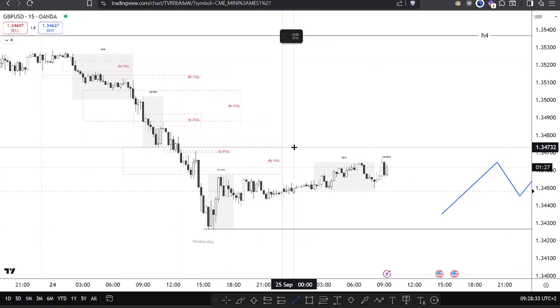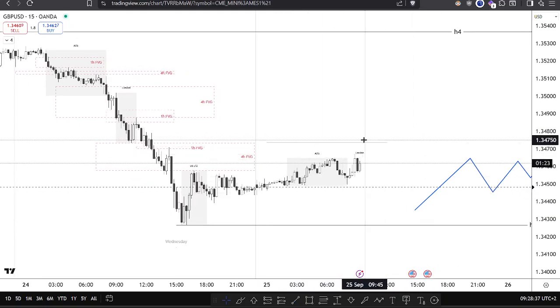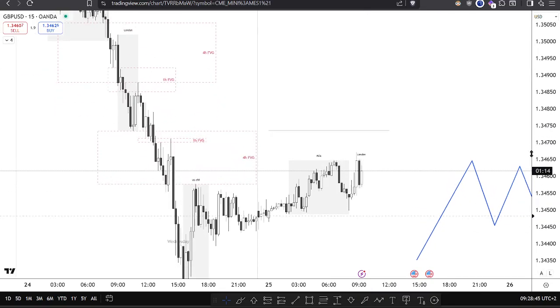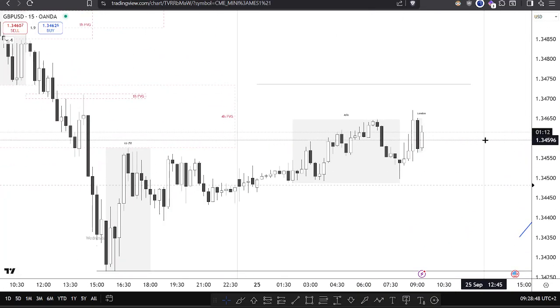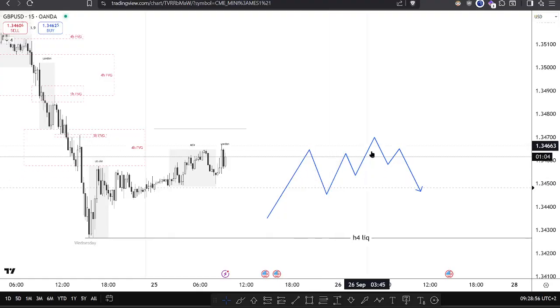So this is the high of the gap. And what I'm seeing here is, we are trying to go higher. We rejected somewhat the Asia, and we see London has just started. And I want to see a close beyond this. That's why I have the notification on. And this is kind of what I want to see.